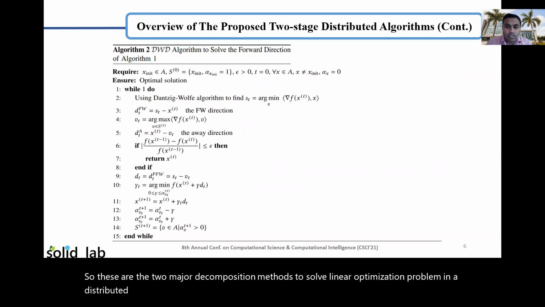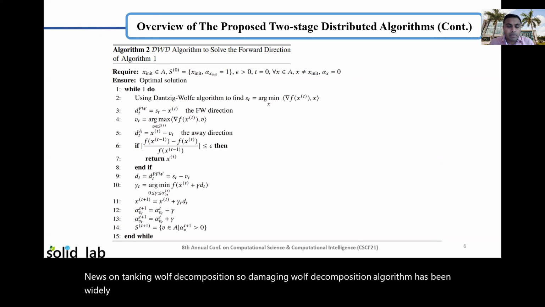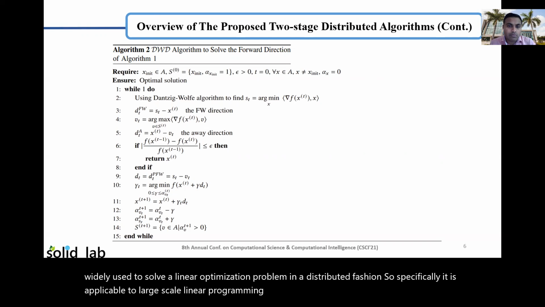As we deal with coupling constraints, we use Dantzig-Wolfe decomposition. The Dantzig-Wolfe decomposition algorithm has been widely used to solve linear optimization problems in a distributed fashion. Specifically, it is applicable to large scale linear programming with block diagonal structures.